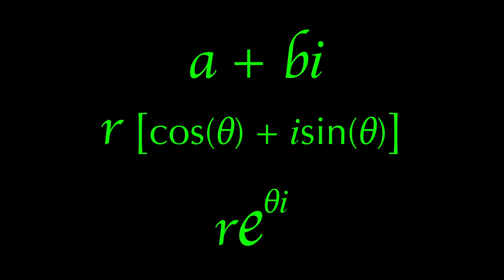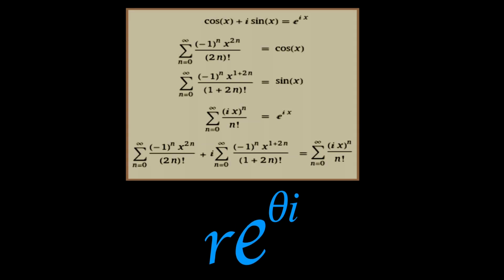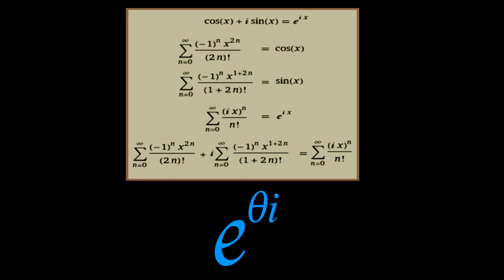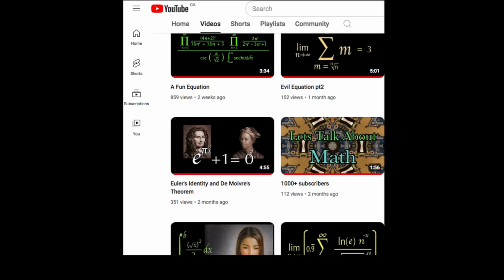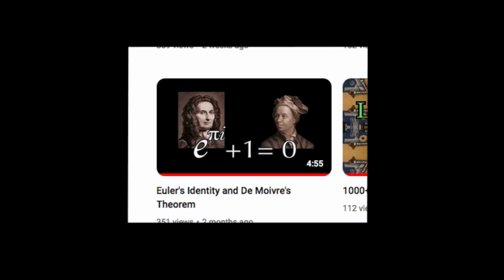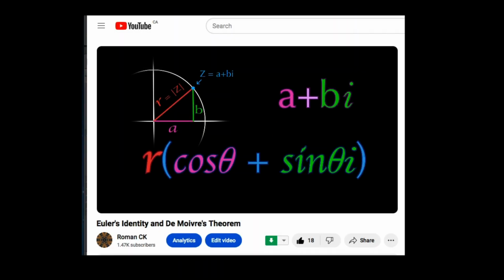And then you have Euler's form, which takes a little bit of math to get to, and is usually derived from the polar form using Taylor sums. It lets us use this nice, manageable version where the angle is just a power of e. I made a video about this a little while ago. It gets quite heavy on the math, but I do recommend checking it out if you are into complex numbers.